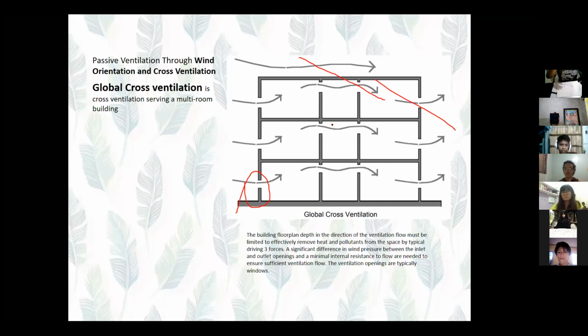If you can make a clerestory at the top, that would be the best solution.